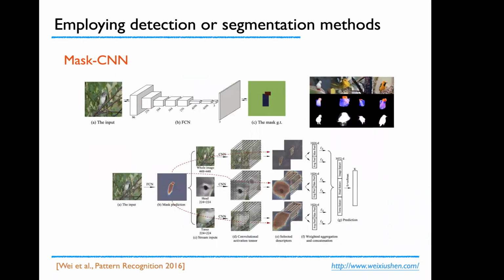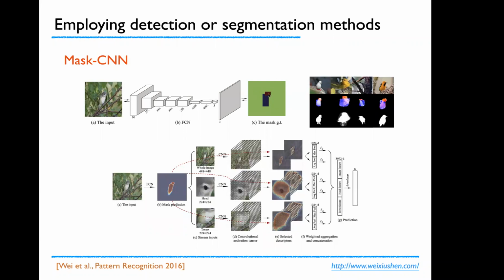Other approaches use segmentation information. One of the representative methods is Mask-CNN. It employed segmentation models, that is a fully convolutional neural network, to get parts and also the object mask to aid part and object localization.